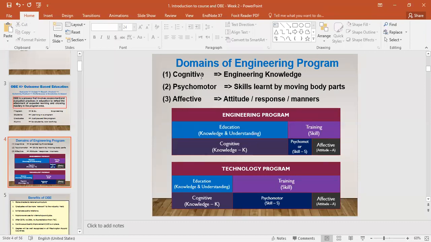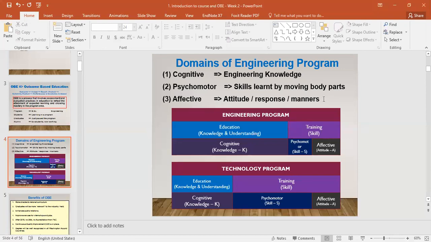These are learning domains. These are given by some philosophers, as there are some hierarchical taxonomies in the past. Okay, the next is the affective domain.